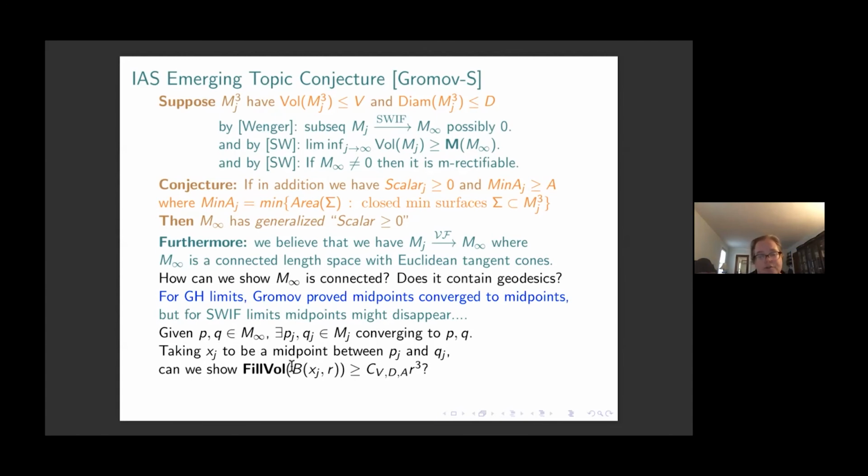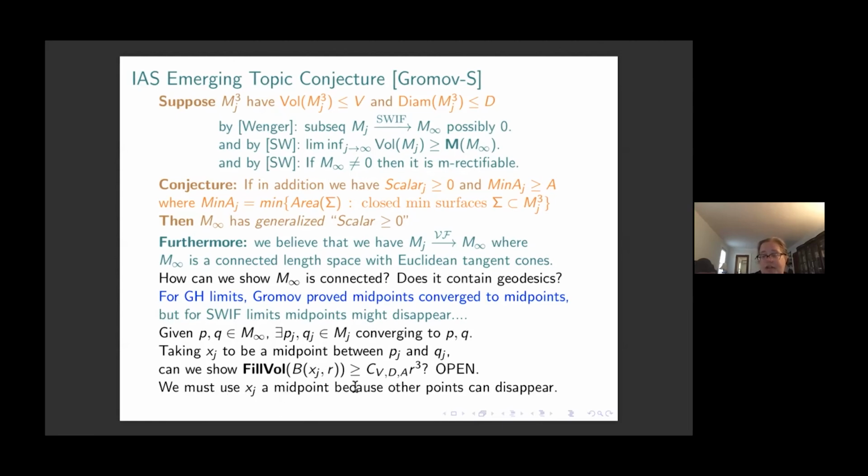This should say the boundary of the ball is bigger than this. Remember, I talked about this technique you could use. If we show the filling volume of the boundary of the ball is big enough, then we could take a limit. The filling volume of the limit of the x_j's is going to be big, and then the volume will be bigger and it will be in the set. That would work.